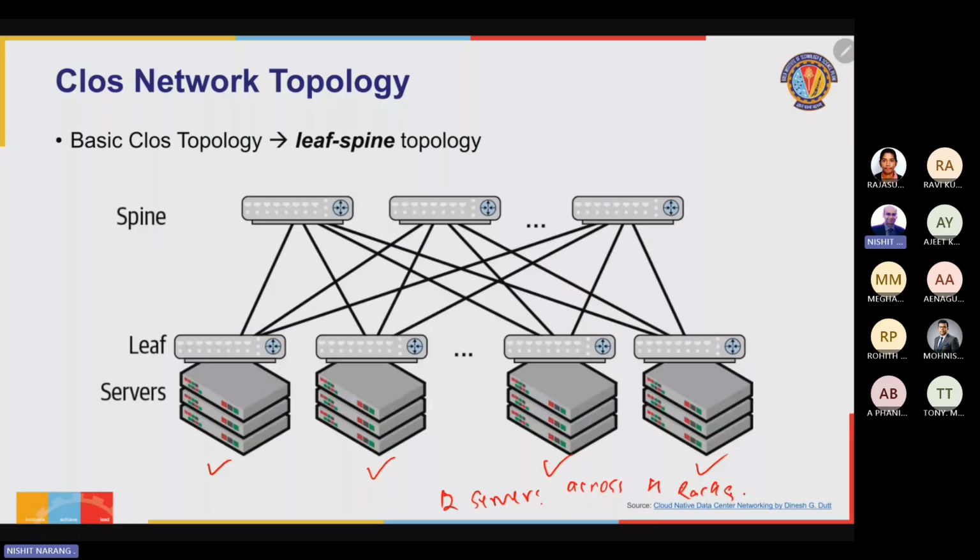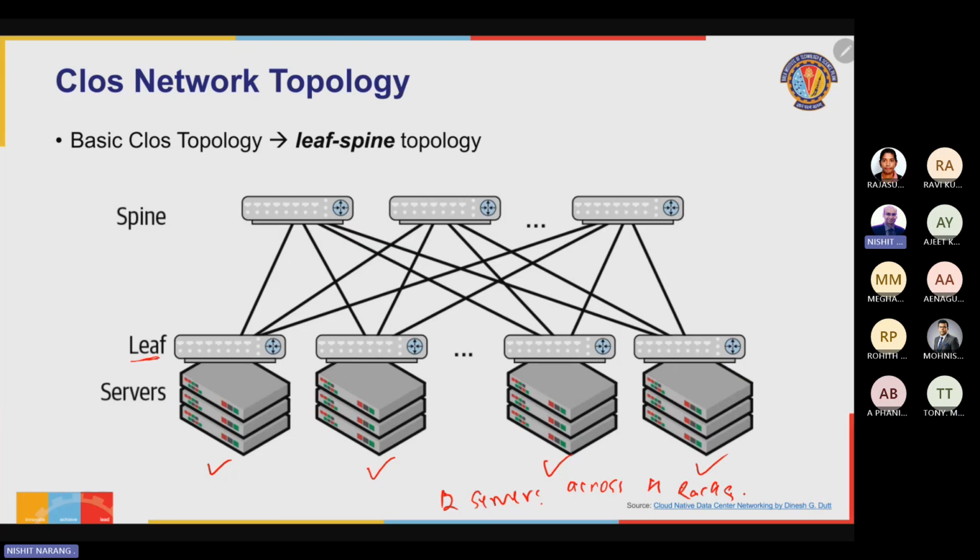Now, instead of having access switches, I have now replaced them with a new type of switches that I'm calling leaf switches. Okay. These leaf switches are actually part of the rack. You have a rack of servers. In the top shelf of the rack, you put a switch called the leaf switch.